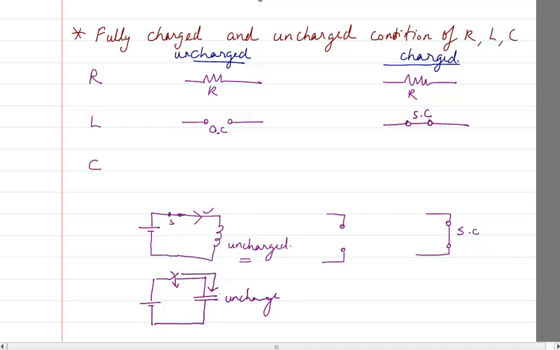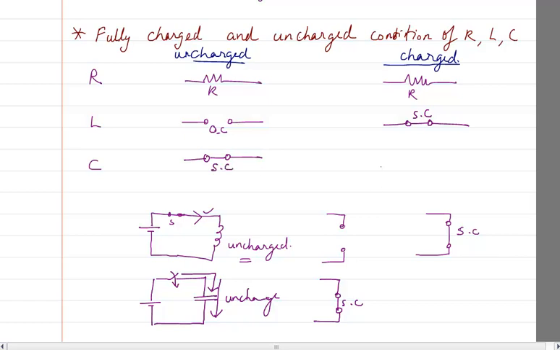The capacitor has a behavior that it will allow all the current to pass through it, because there is no voltage to oppose it, because it is uncharged. So in the case of uncharged, the capacitor acts as a short circuit when it is completely uncharged.